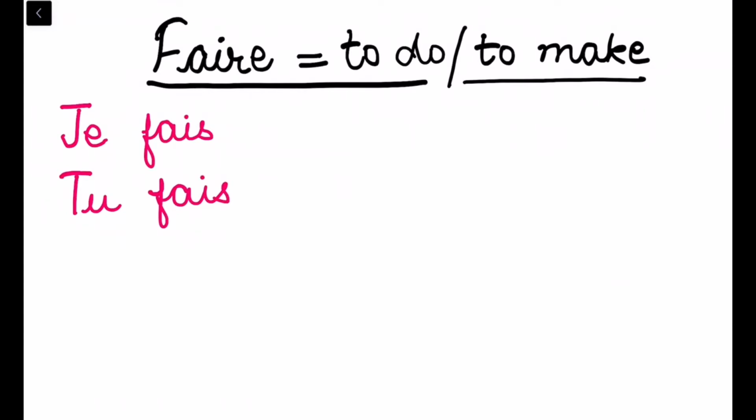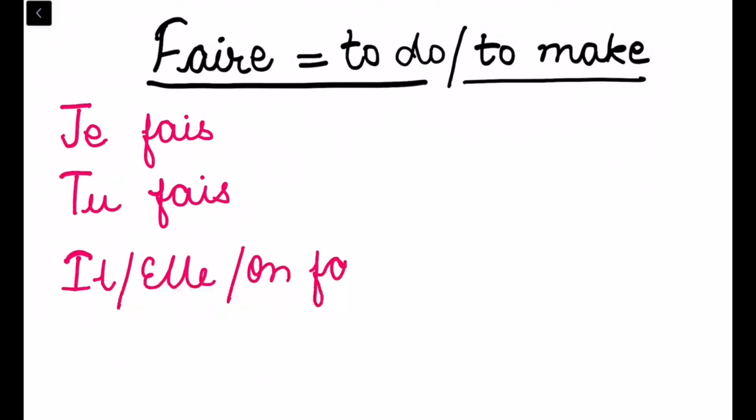So tu fais means you do. The conjugation with il, elle or on, the spelling changes a bit and the conjugation becomes FAIT. So this means he or she or one does or makes.